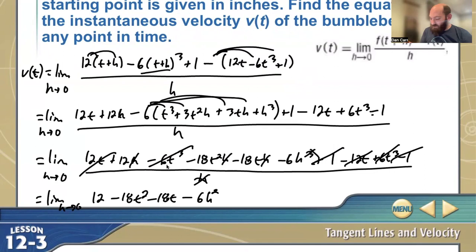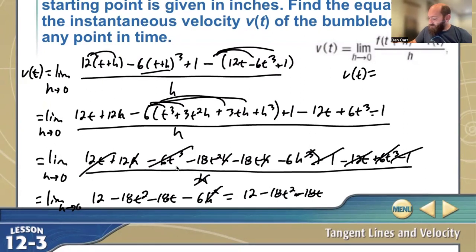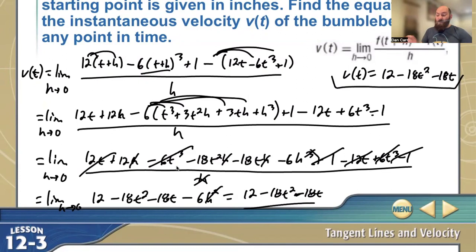Because h is approaching 0, that cancels out the h terms. It's equal to 12 minus 18t squared. In this problem all we want is the equation of the instantaneous velocity, so my v of t is my final answer: v of t equals 12 minus 18t squared. That's what the limit is approaching, and that's our instantaneous velocity for this scenario.